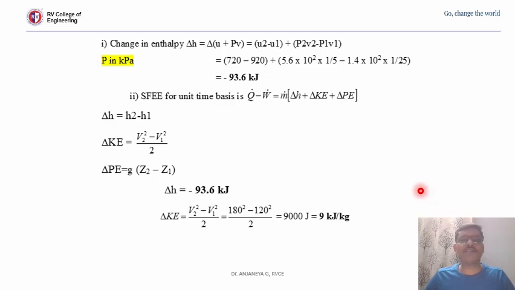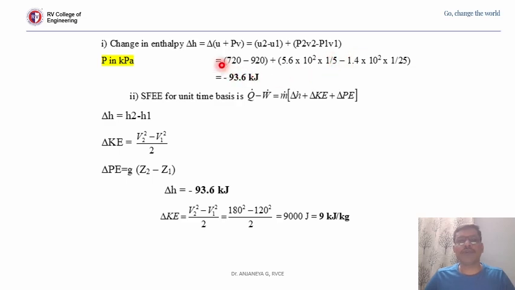Now let us first find out the change in enthalpy so that I can substitute all the terms in the equation. As you know, H is equal to U plus PV. So delta H is equal to H2 minus H1. Accordingly I am rewriting this as U2 minus U1 plus P2 V2 minus P1 V1.